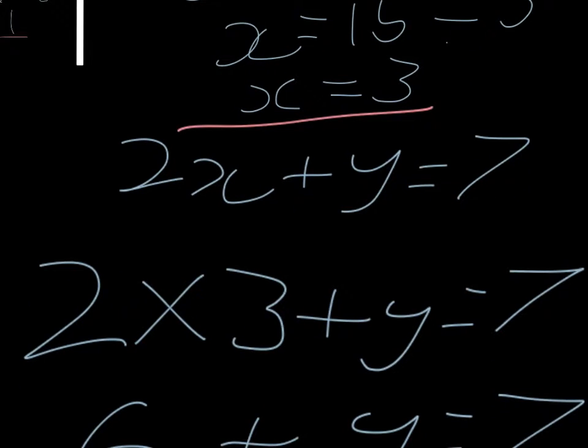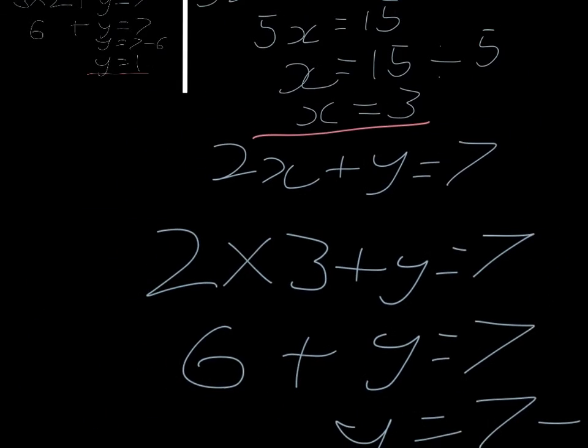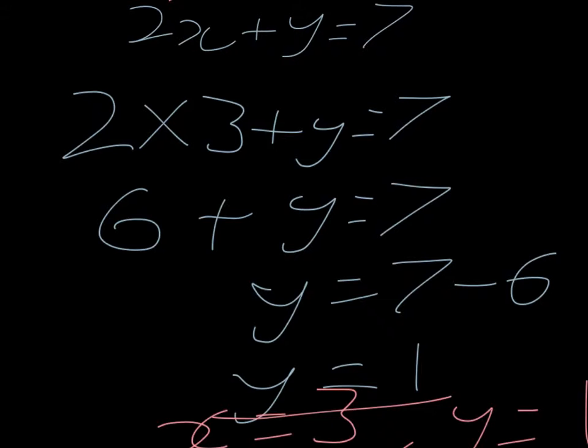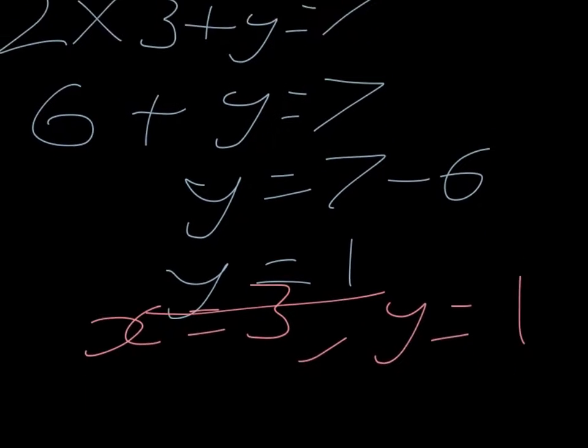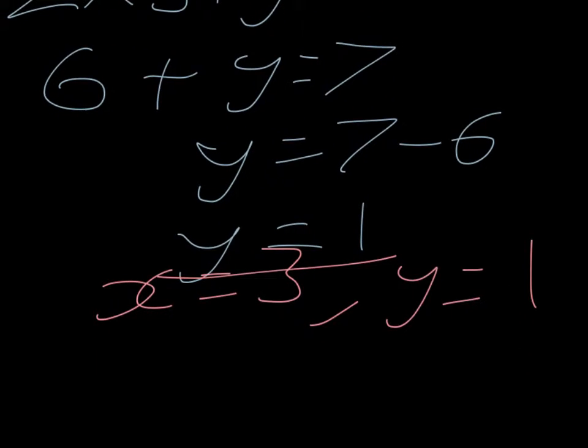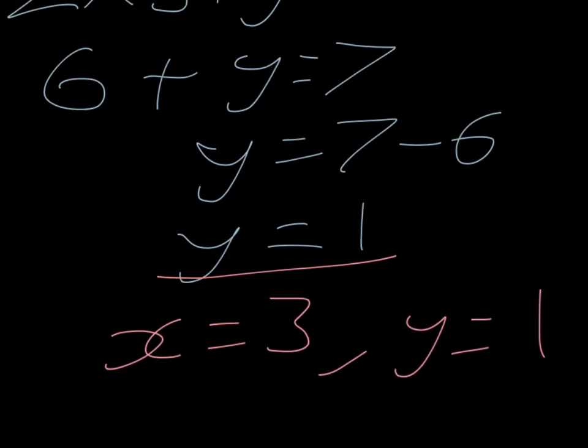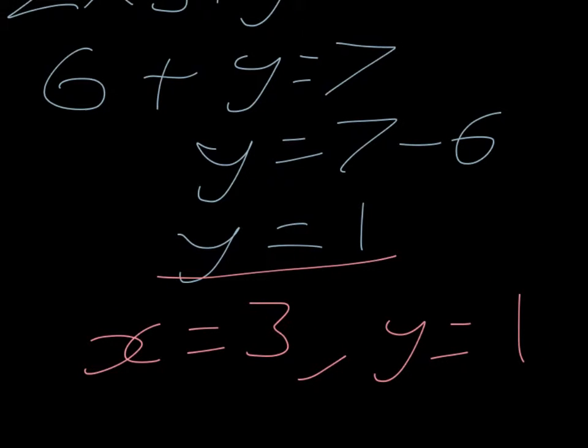Then you put in 2x plus y is equal to 7, which gives you 6 plus y is equal to 7, so therefore y is equal to 1. And what I did to finish it off was I actually wrote it out as x is equal to 3 and y is equal to 1, just so that the answer is really clear. Okay?